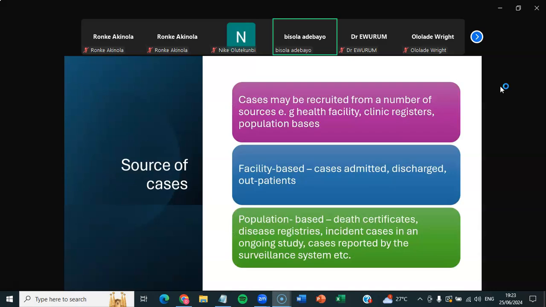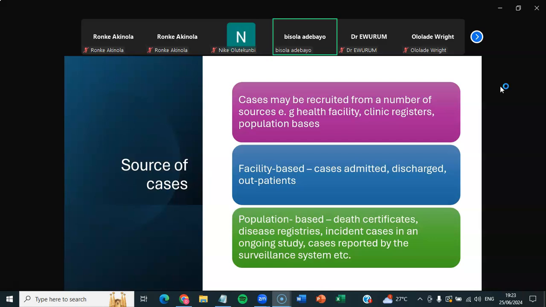Now, our cases can be sourced from various places, and many times it's common to use cases from facilities because that's the easiest place, that's where diagnosis is made. So we might recruit them from a number of sources: health facility, clinic registers, even lab registers.